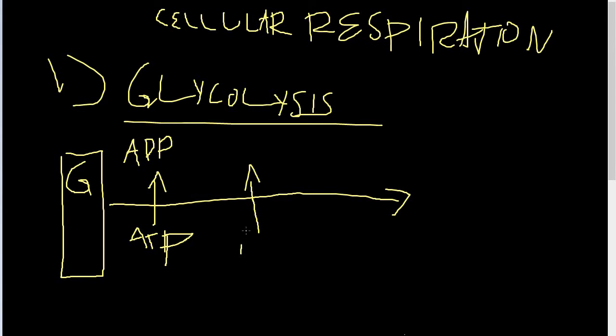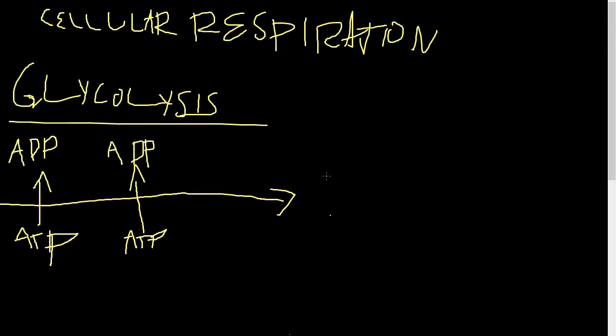And it happens not once, but twice. And so then you're left with this intermediate sugar, which you could just call glucose bisphosphate, since there are two phosphate groups.